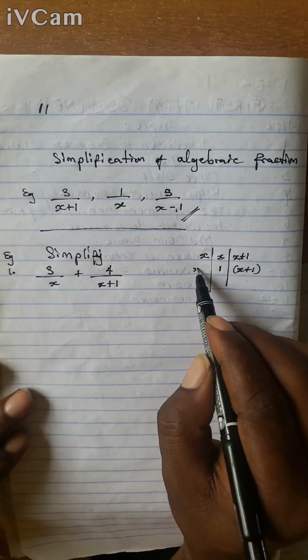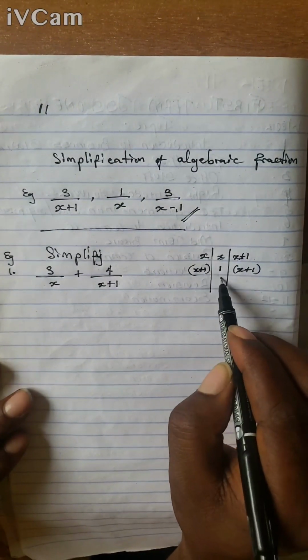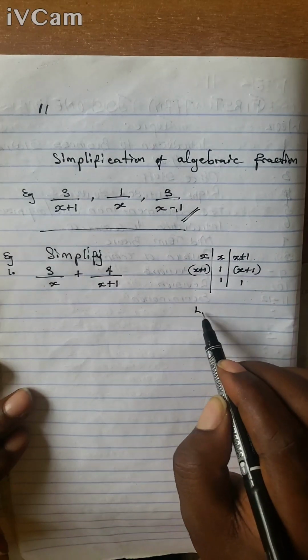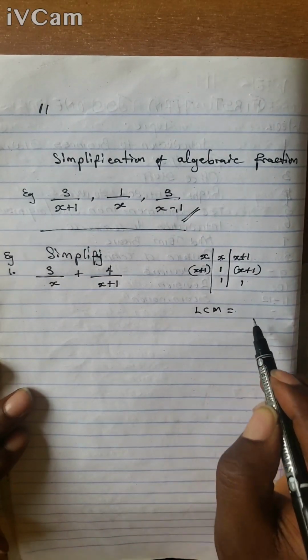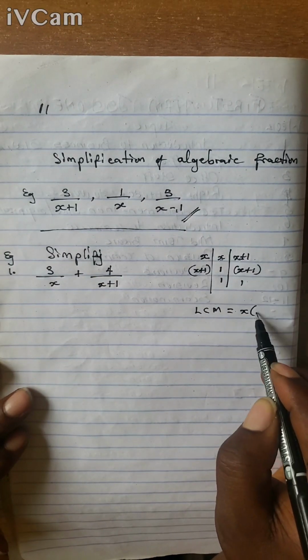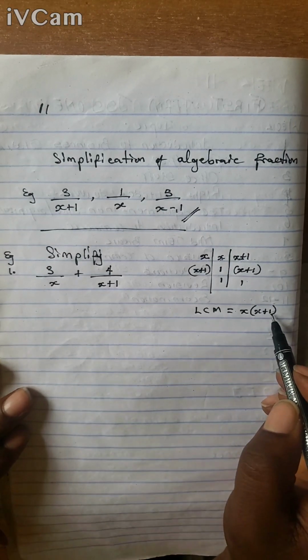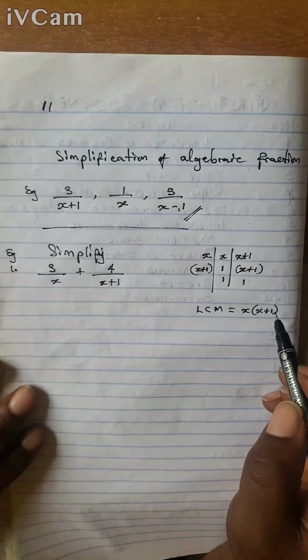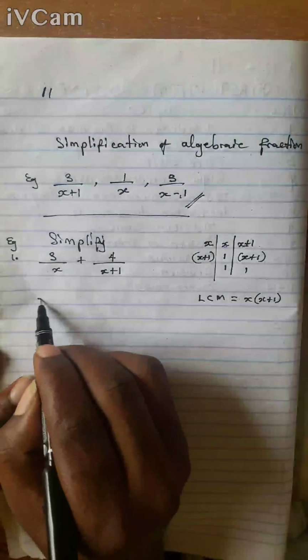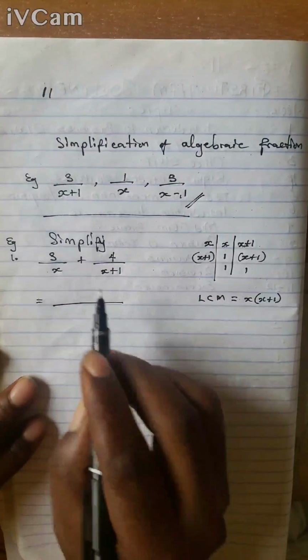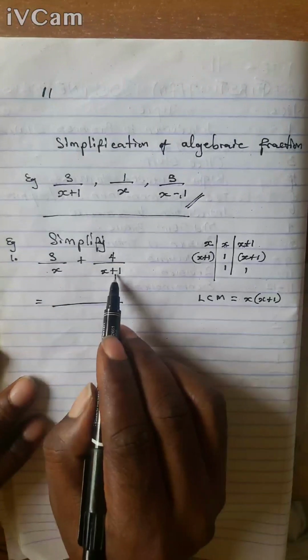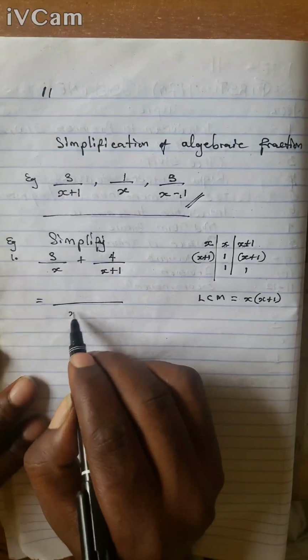Then if you divide by your x plus 1, this will not give you 1. So the LCM here will give you x into x plus 1.